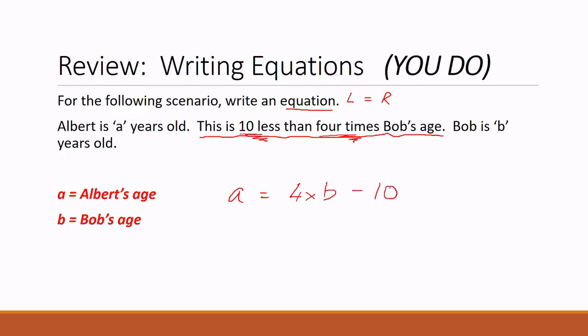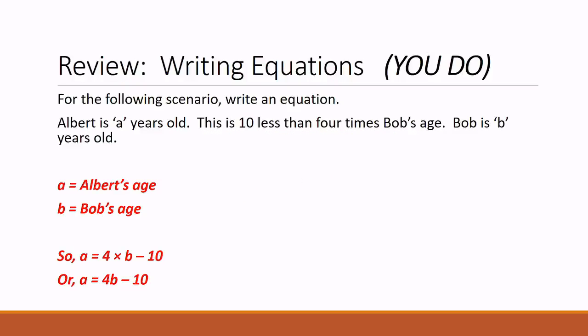So 10 less means subtract 10. So I should have an equation that looks a little bit like that: A equals 4b minus 10. Or, using correct mathematical convention, 4b take away 10 like that. Get rid of the multiplication sign. How'd we go? If you didn't quite get it right, please take the time now to write it down properly.